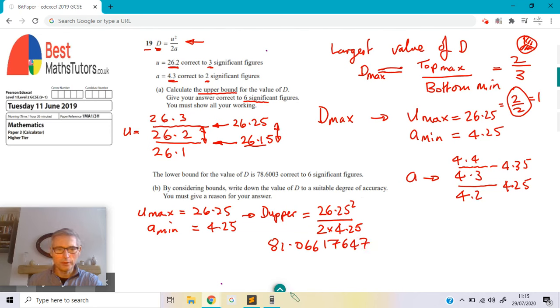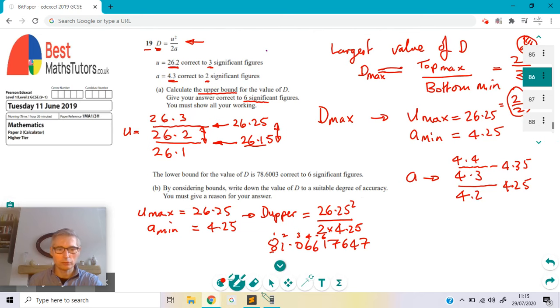And so we need to write it to 6 significant figures. So what that means is writing it from the first figure that isn't a 0 in here. So obviously that's the 8. So we're counting from there. So 1, 2, 3, 4, 5, 6. So that's our 6th significant figure, the 1. And we're going to cut it off at that point.